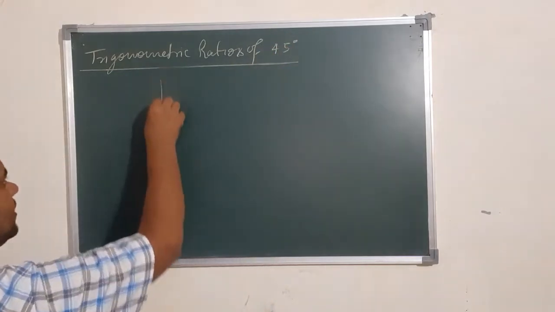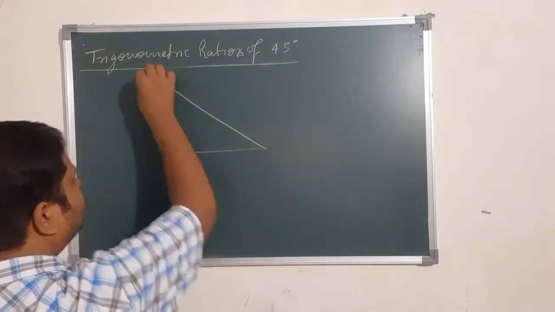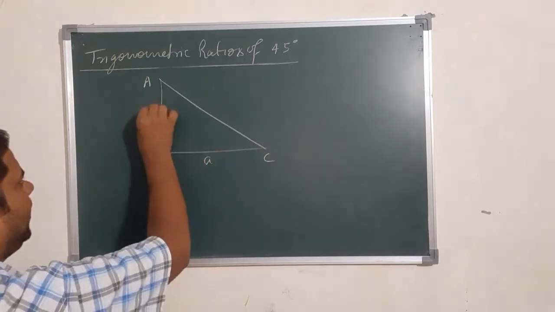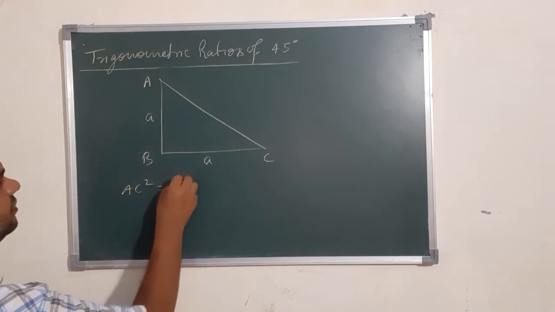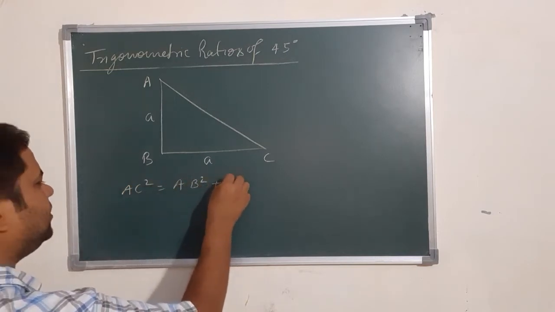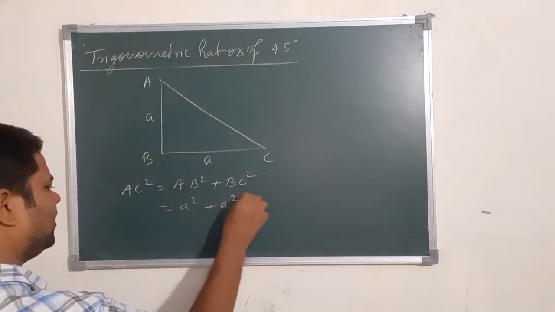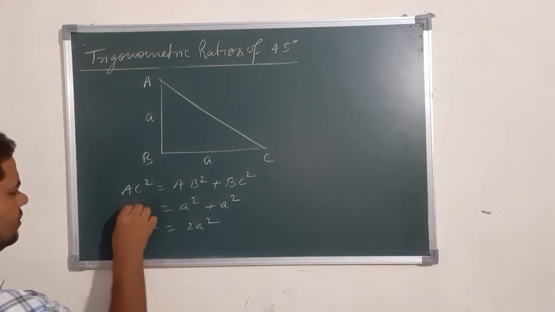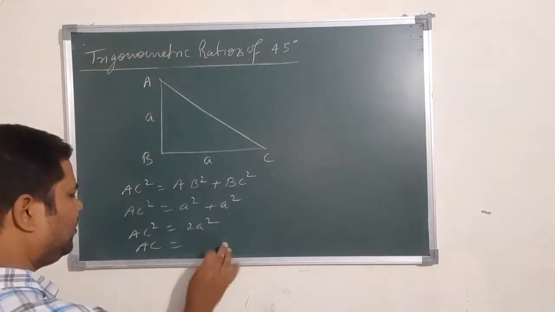We consider an isosceles right angle triangle in which two sides are A and A. Then by using Pythagoras, first we find AC square is equal to AB square plus BC square. So this is A square plus A square, 2A square, this is AC square. So AC must be A root 2.